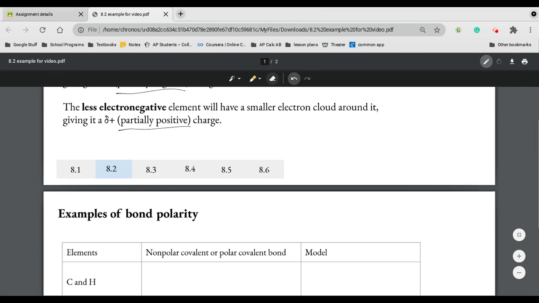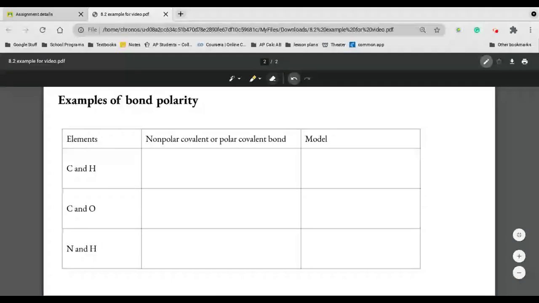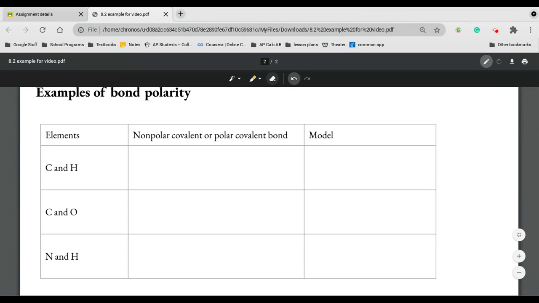And so putting this into practice, if we are trying to see if something has a nonpolar or polar covalent bond, we have to see what the difference in electronegativities is. If something has an electronegativity difference of 0.4 or less, it is going to be a nonpolar bond. And if it's greater than that, it's going to be a polar bond.